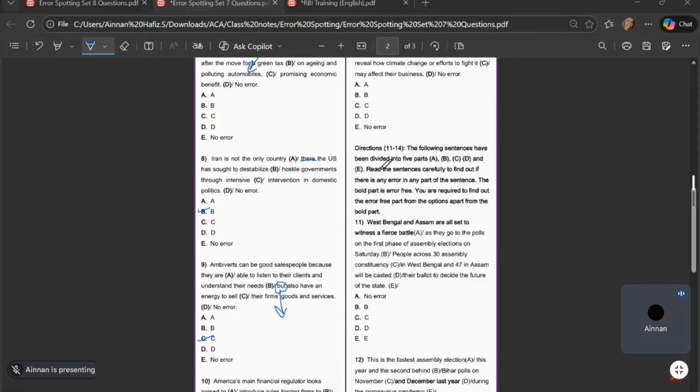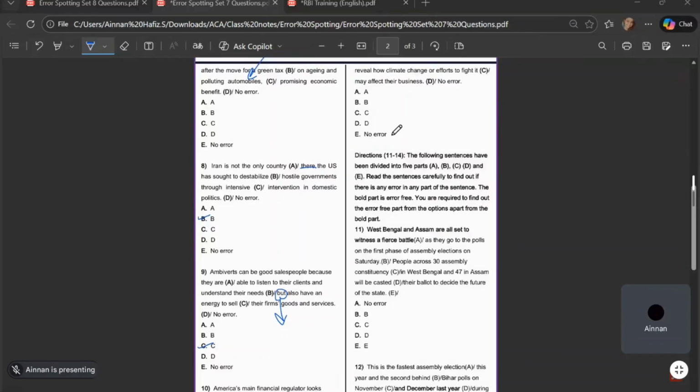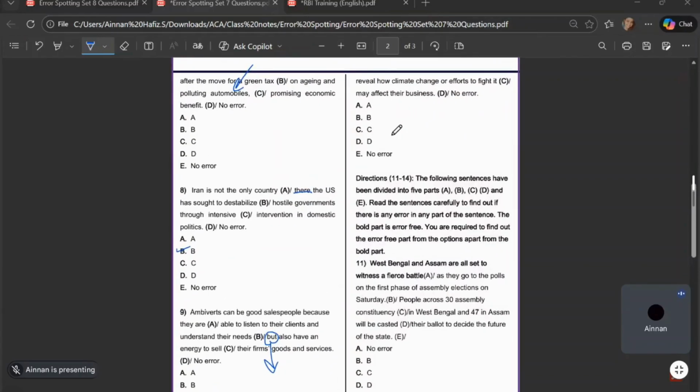B. Introduces rules forcing firms to. So they are talking about one thing, that is firms. And they're telling you that they're introducing the rules forcing the firms. So one statement, one subject only. Next, reveal how climate change or efforts to fight it.